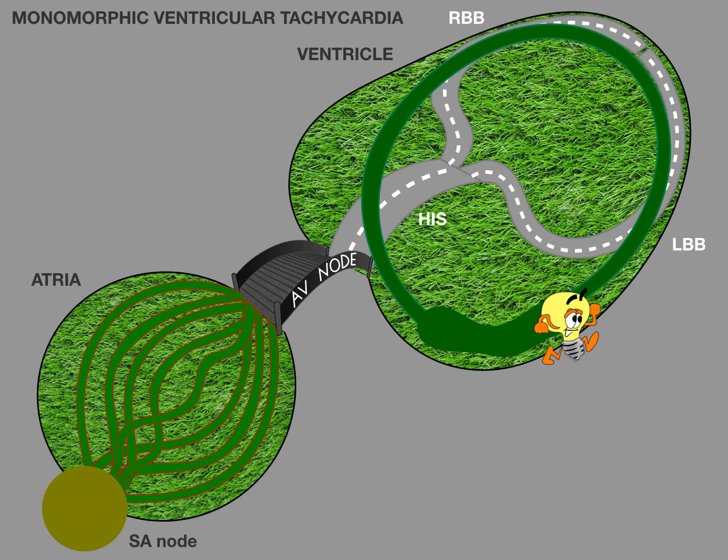As the conduction through the ventricle is abnormal and not through that specialist conductive pathway, the QRS is broad, and this reentrant loop is rapid, so you get a fast, broad, complex tachycardia.